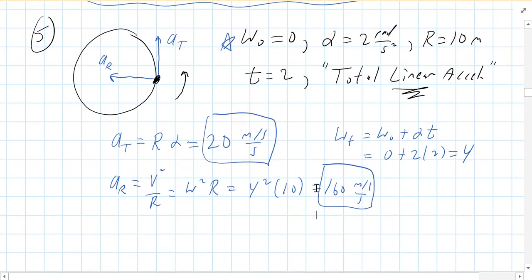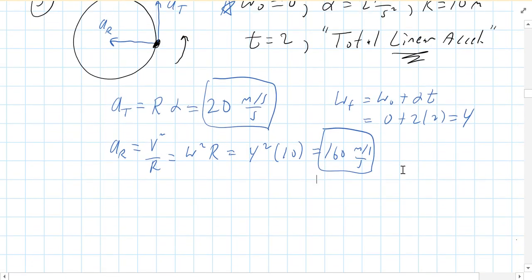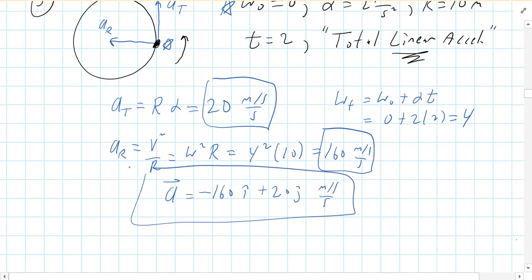Now, if the question just asked you for total linear acceleration and it didn't tell you anything about how to express it, and let's say this thing was here right now, then I would just write it this way. It's negative 160 i hat plus 20 j hat meters per second per second. So that's how I would write it.